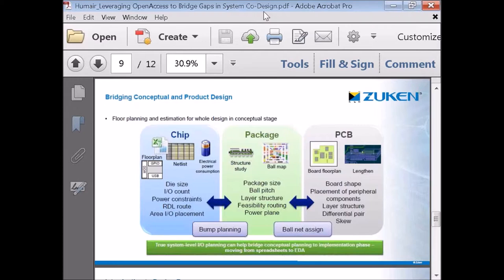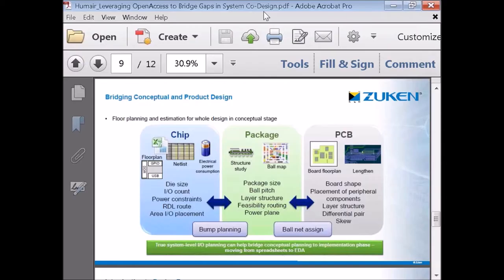And we were able to achieve that by taking the traditional data model that's on the package and board side and embedding open access within that environment so that we can very easily manage the chip level data or the interposers within these systems. That way, whether we're talking about ball development or net assignments or managing chip shrink issues, the DFM constraints, all of that becomes seamless because it's all within one environment.